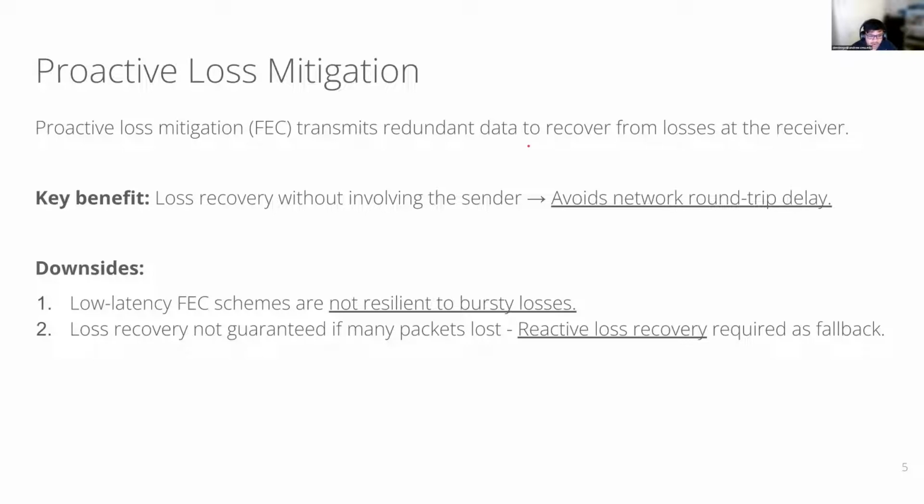The receiver can on its own figure out what the original data was, which means it avoids a round trip penalty in order to recover from the data loss. The downside is that low latency FEC schemes are generally not resilient to bursty losses, which is common on the internet, and loss recovery is not guaranteed if many packets are lost, which means you still need reactive loss recovery. And that's going to be the focus of this talk here.